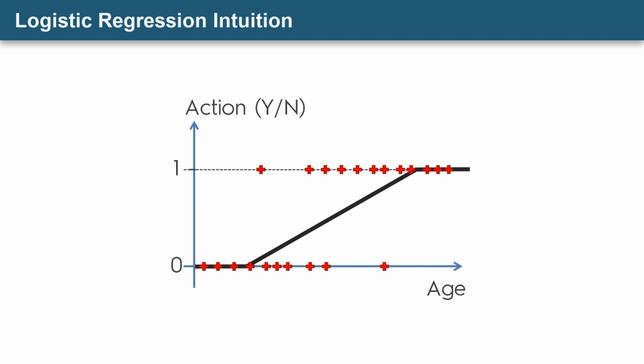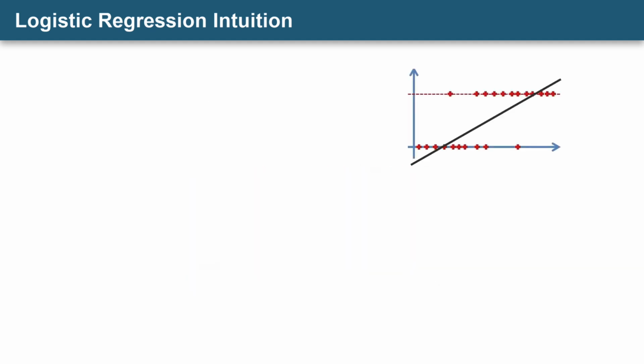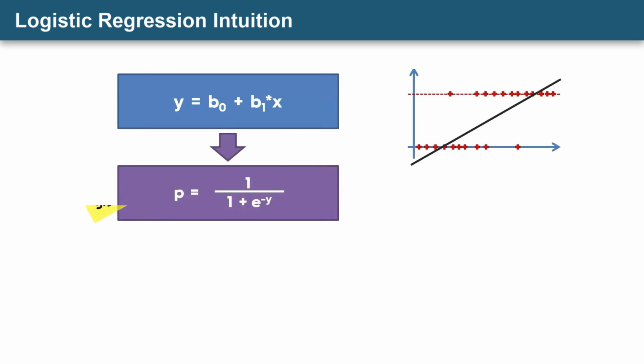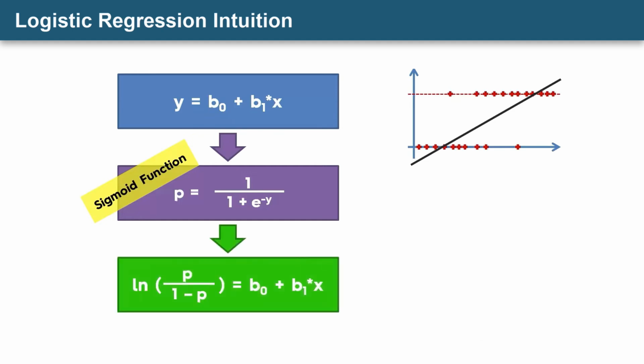So let's see what the actual scientific approach is. Here we've got the line that we looked at, and it is described by this equation. Now this is the most fun part, so bear with me. If you apply a sigmoid function, which looks like that, to this equation, you put the y into the sigmoid function in the purple box, then solve for y and put y back into the blue box, you will get the green box.